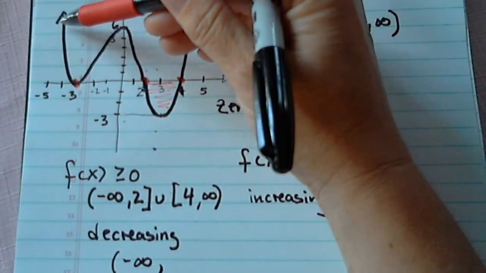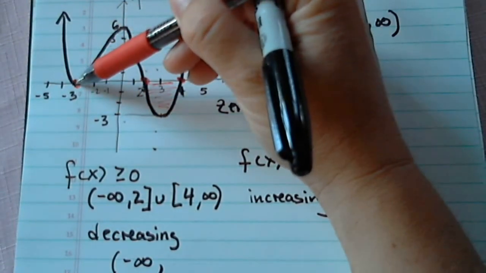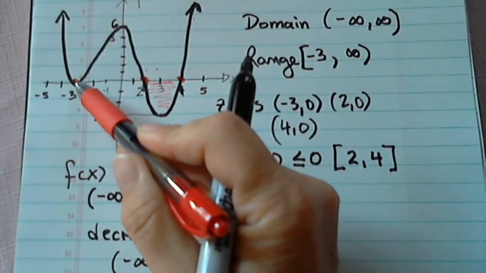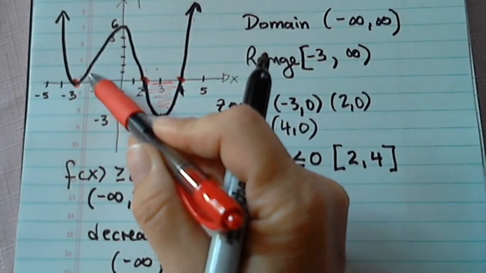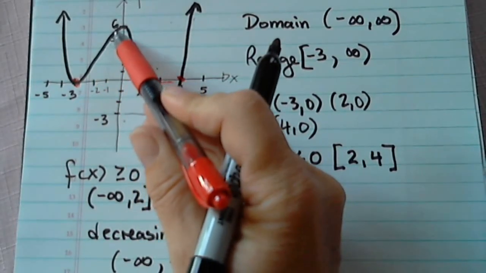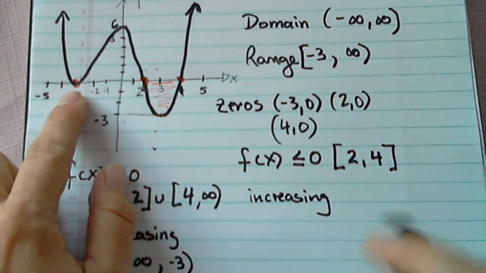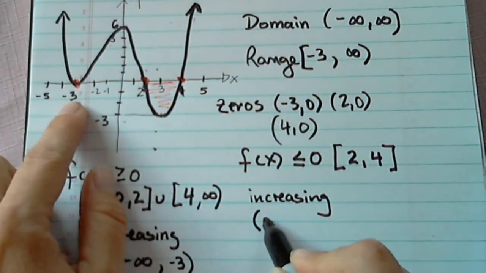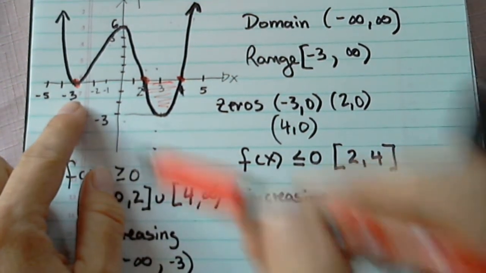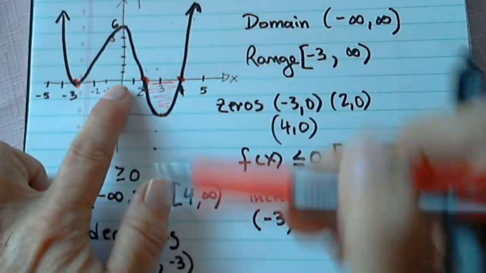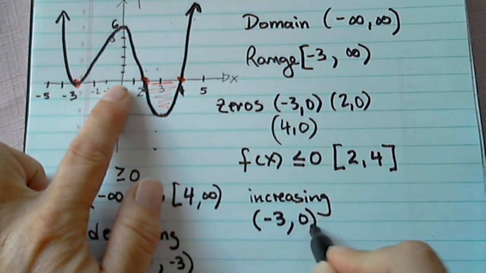Important. We're stopping at the x value of -3. Then, if we trace this graph, now we're going up. So that means we have increasing, and we're increasing from -3 all the way to, what is the corresponding x value here? 0.